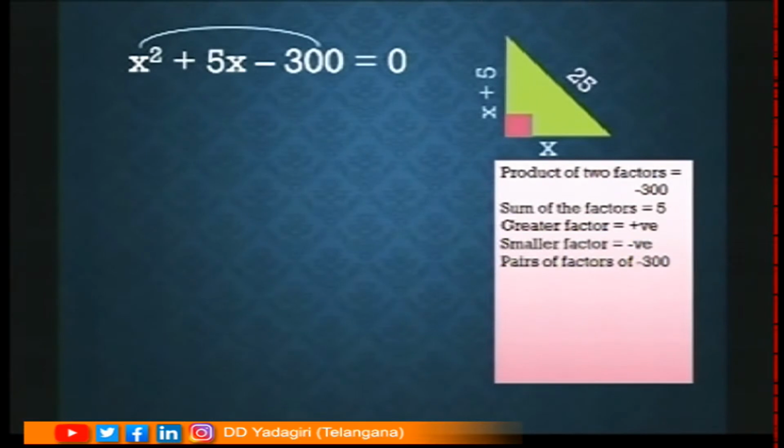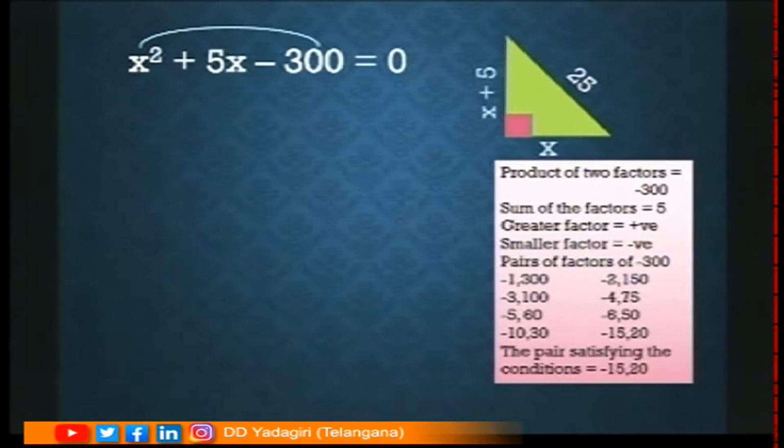The pairs of factors of minus 300 are minus 1 and 300, minus 2 and 150, minus 3 and 100, minus 4 and 75, minus 5 and 60, minus 6 and 50, minus 10 and 30, and minus 15 and 20. So, the pair satisfying the condition is minus 15 and plus 20.